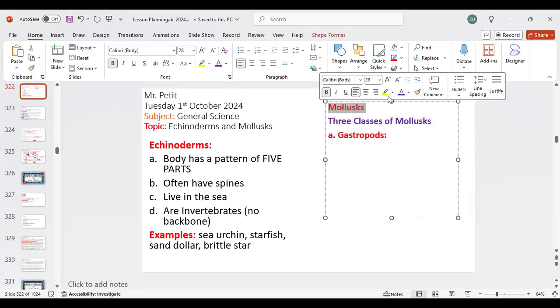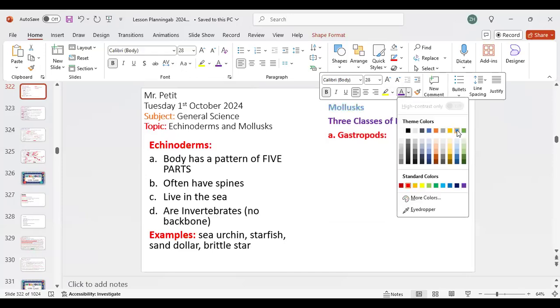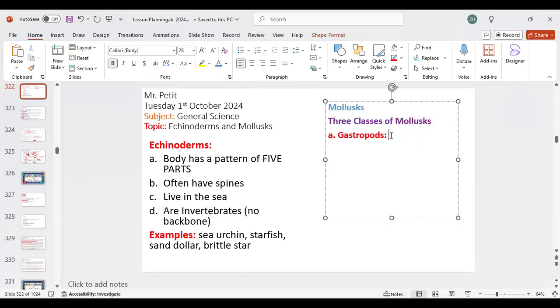So these have a spiral. These are also called univalve, which means what? 1 shell.